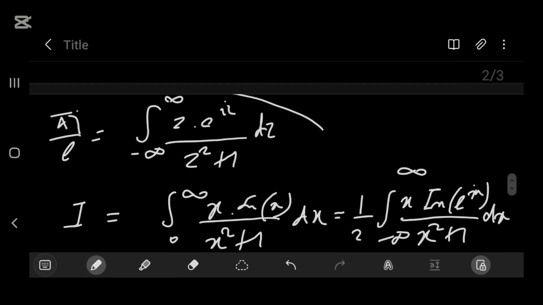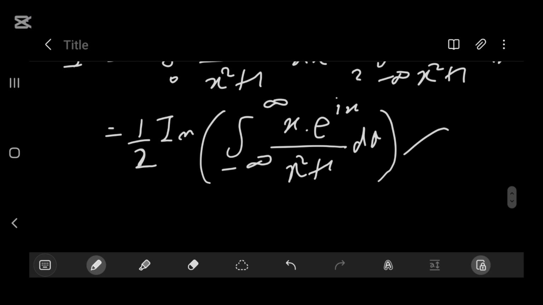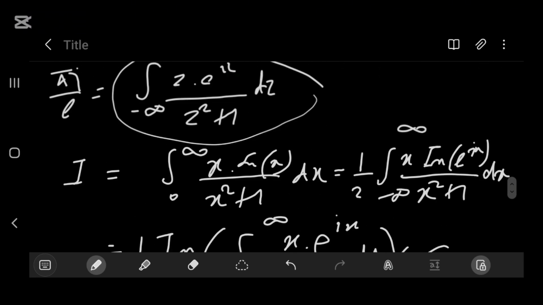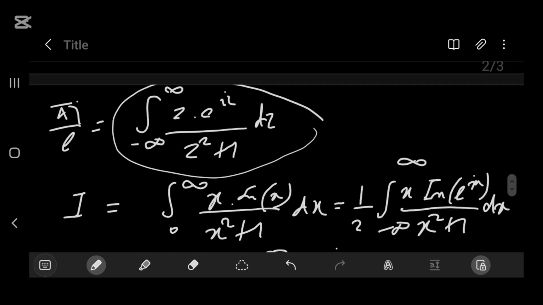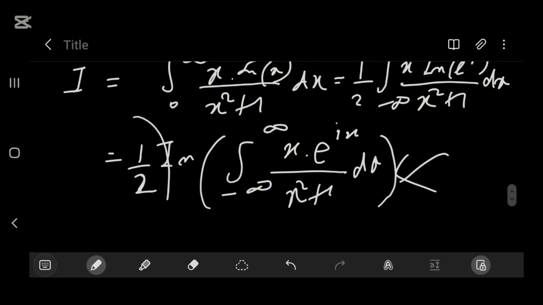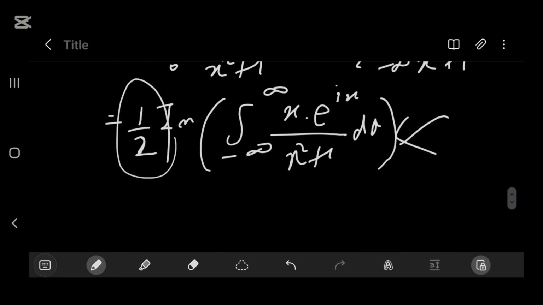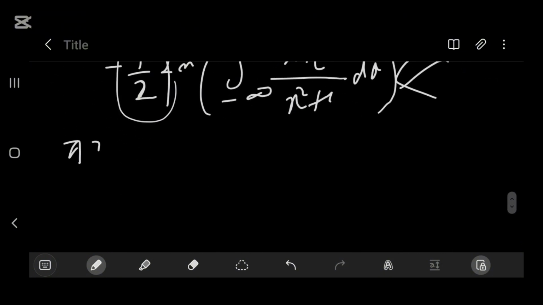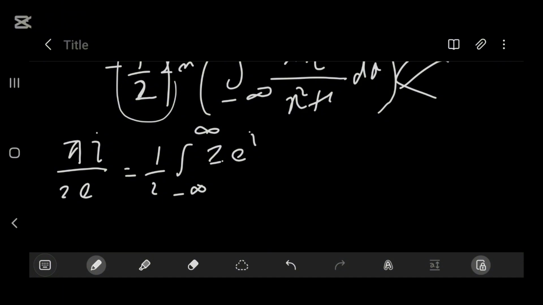You can see that this part and this part are actually the same, so only the half is missing. So we have pi i over 2e equals half, integral from negative infinity to infinity of z times e to the iz over z squared plus 1 dz.